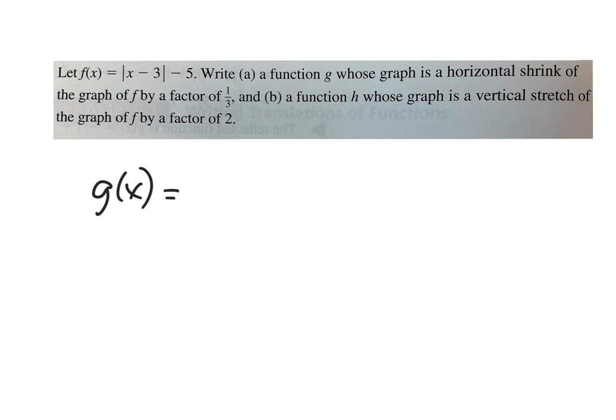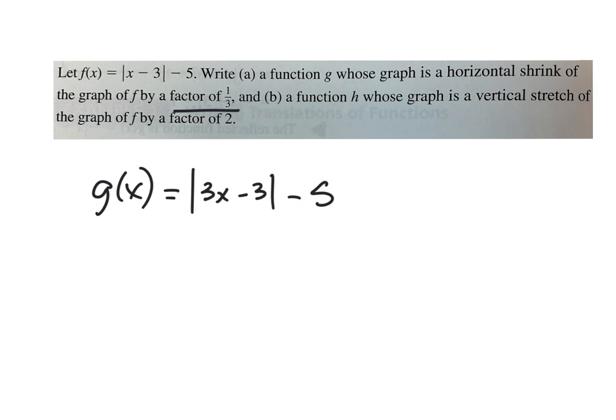And we have to remember that a horizontal shrink is the reciprocal of what's inside. So if it's going to shrink by 1/3, that really means I'm putting a 3 inside that absolute value. Basically I'm replacing the x with a 3x. So I'm going 3x minus 3 and then minus 5 outside. And that's the horizontal shrink.